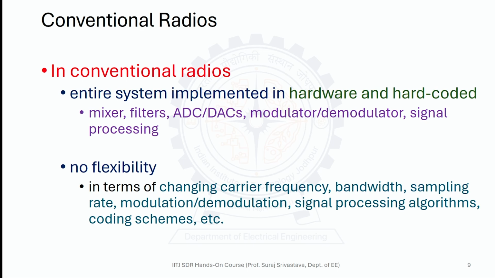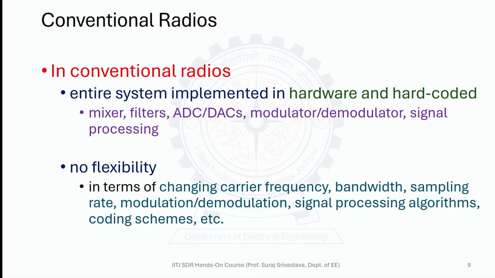So, there was almost no flexibility in conventional hardware based radios, in terms of changing parameters like carrier frequency, bandwidth, sampling rate, which is associated with ADC and DACs, and then modulation and demodulation. For example, today you want to use BPSK, tomorrow you want to do QPSK with the same hardware system, it will not support it because the hardware radio is designed for the BPSK system. And similarly, various signal processing algorithms, coding schemes, etc.